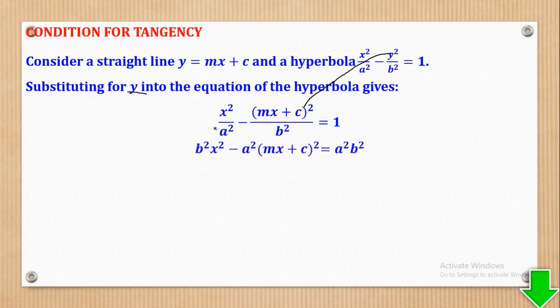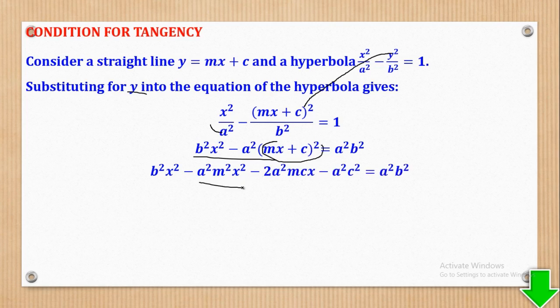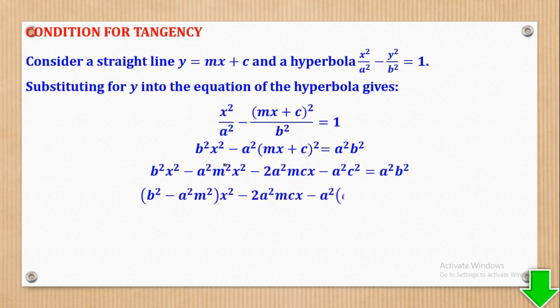When I get the LCM and multiply throughout by the LCM, I'll come up with this line, and then I'll open this bracket to come up with this. Then I'll collect like terms. This one gives you this, then this is that, and when this one comes this side, you'll come up with this expression.